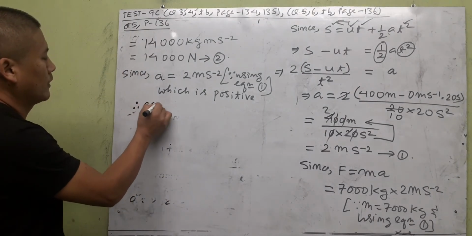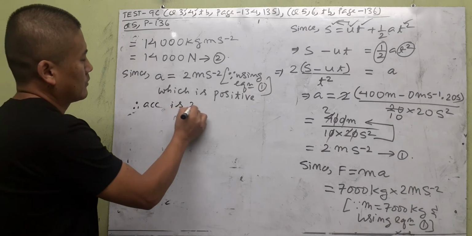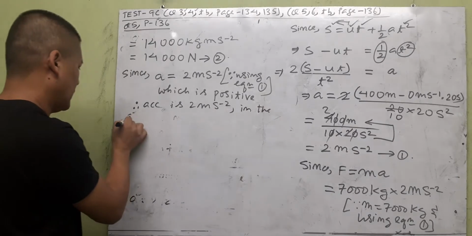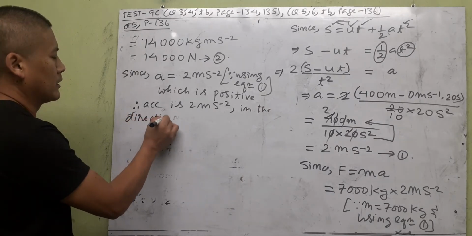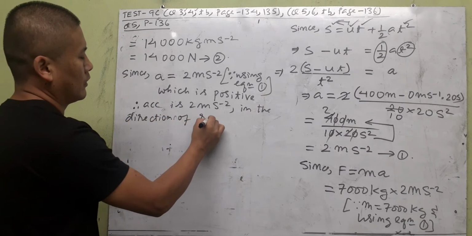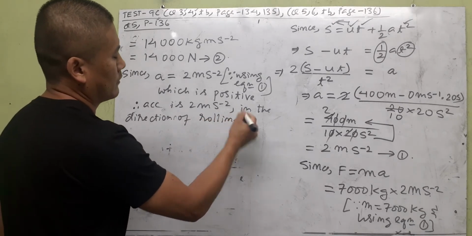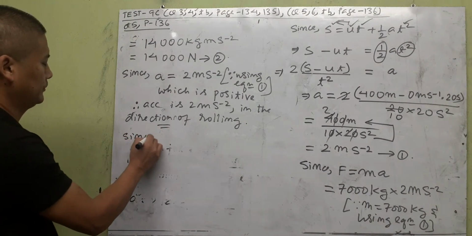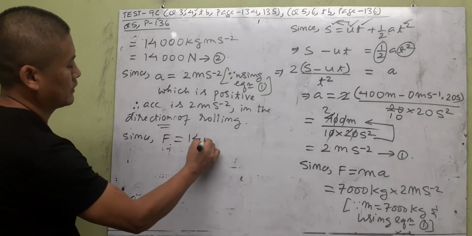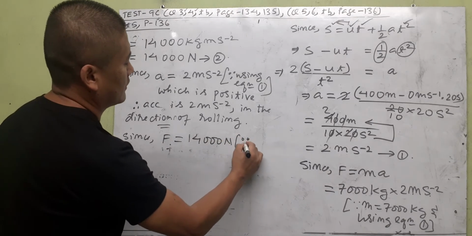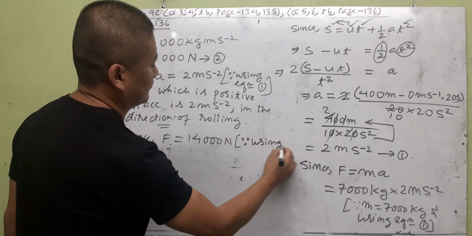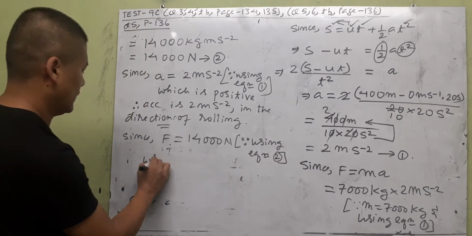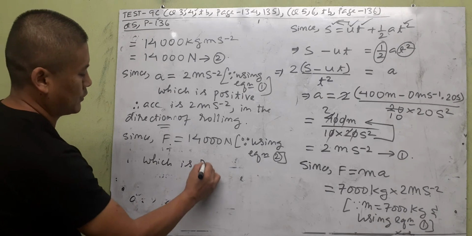Therefore, acceleration is 2 meter per second square in the direction of rolling of the truck rolling down. If it is minus, it is opposite. First answer. Then F is also plus 14,000 Newton, as you get by using equation number 2, which is clearly positive.